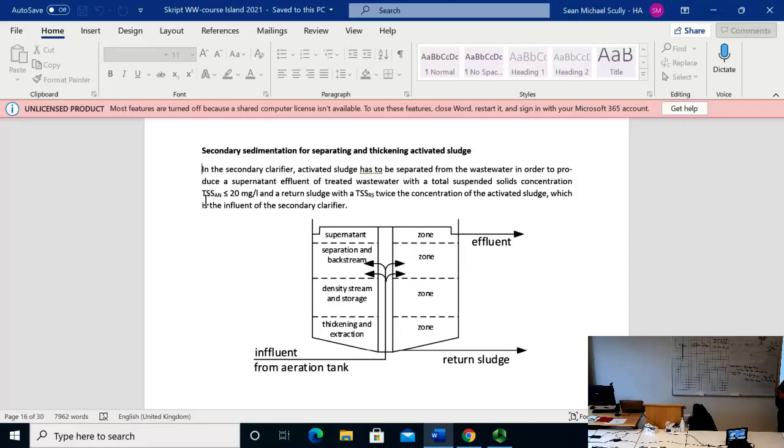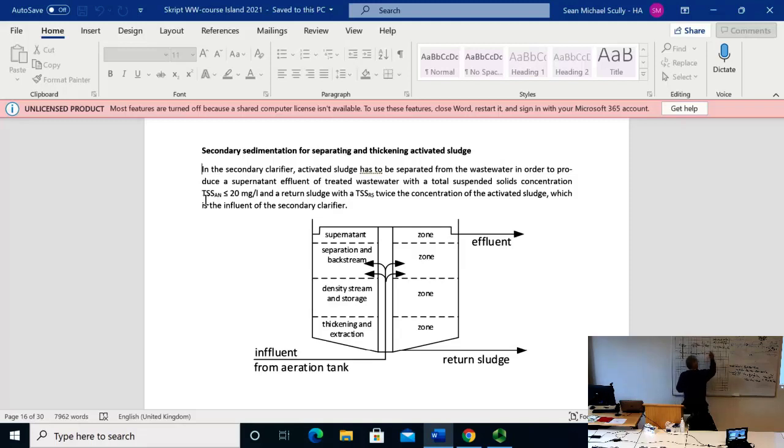No? Okay, then we have the sludge concentration, CTS RS, which is the return sludge. And that is a factor, scraper factor, times CTS-BS.